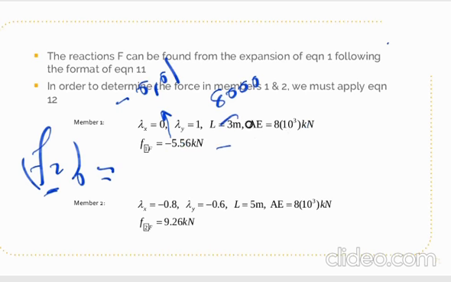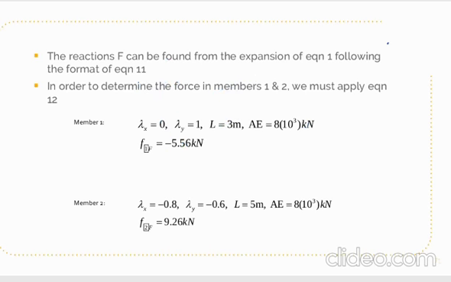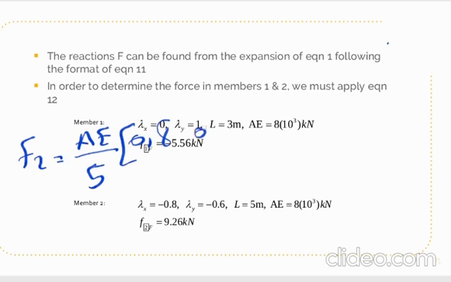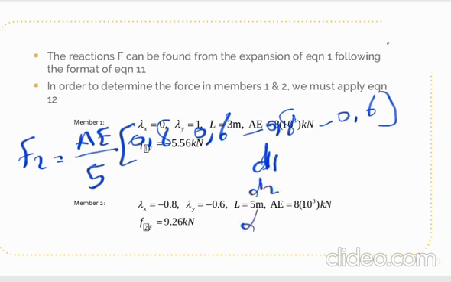Then find F2, which equals AE over 5, the length, lambda x 0.8, lambda y 0.6, minus lambda x minus 0.8, minus lambda y 0.6, and the displacements for member number 2 are D1, D2, D5 and D6.